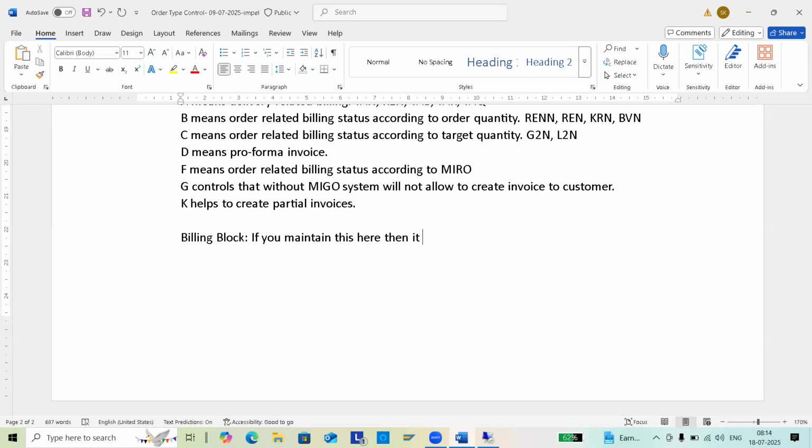Logically, billing block: when you place the order, the option will come from the material master also. For example, the billing block reason is damage in transit or some particular reason, and automatically the billing will be blocked.